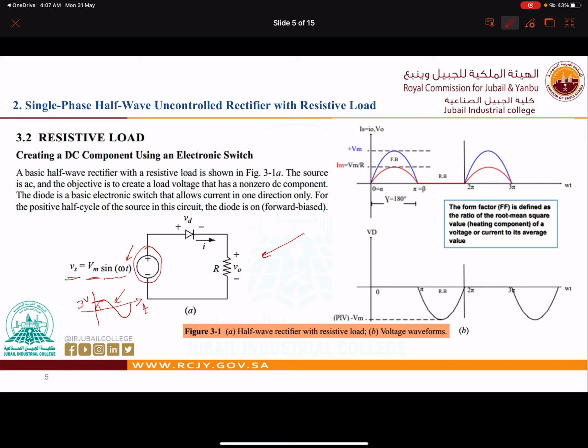Here at t equal to pi, which is 180 degrees, the value of the voltage is 0 volt, right? So that is why in AC circuits we have the term sine omega t, and of course V maximum, because it gives you the peak value.